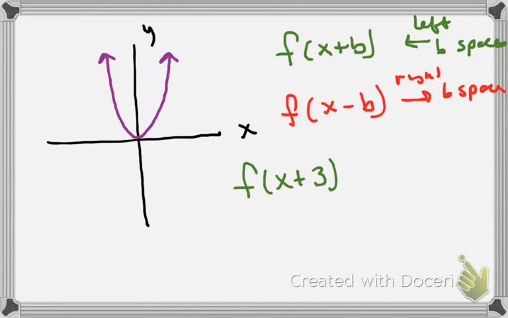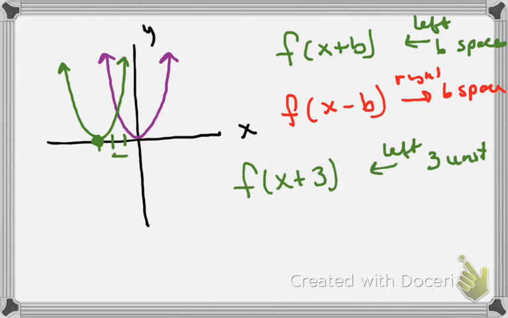Minus 3. That's why we go to the left 3 units. We're talking about from the origin. Right here, I'm at 0, 0, so I go 1, 2, 3. That's my dot, and it looks like this. See how it moved to the left?